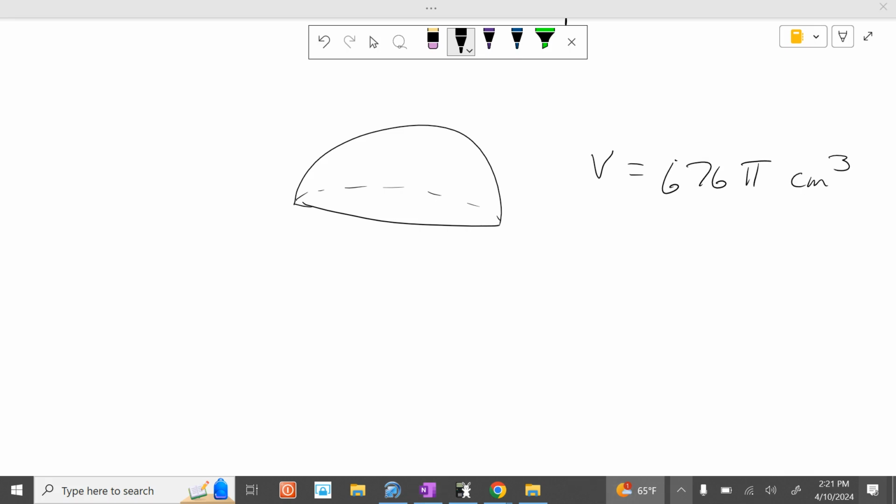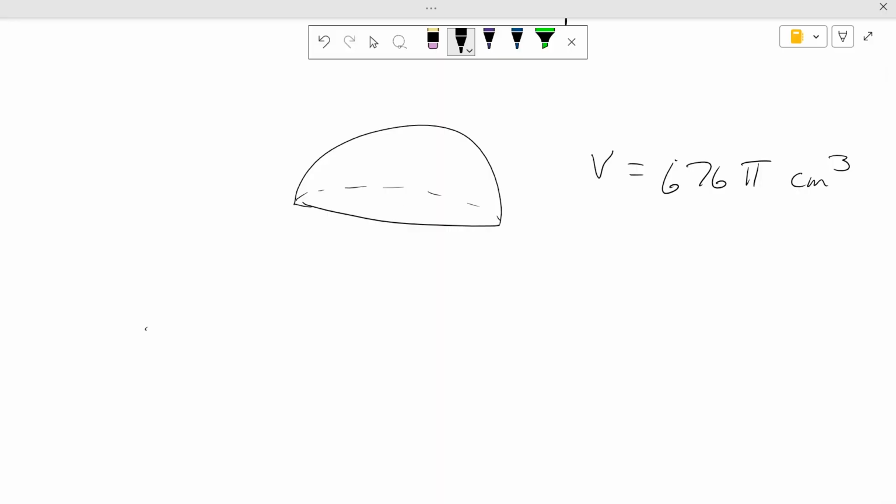Okay? What is the radius of this hemisphere? Well, first we have to figure out the formula for the hemisphere. Okay? What's the volume of a hemisphere?